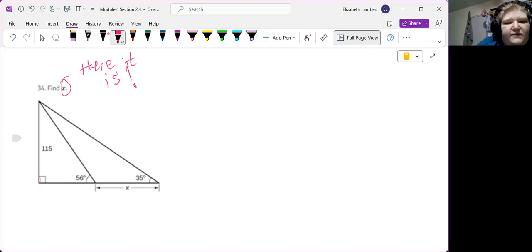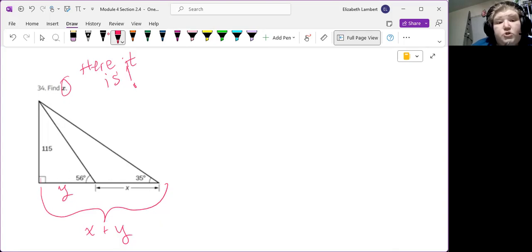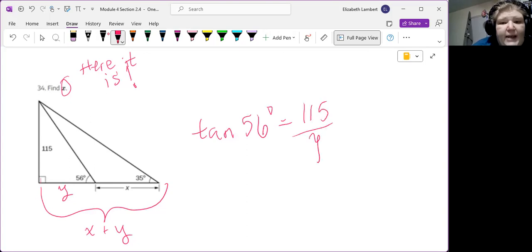So if that's x, I'm going to call this other one here y. And that makes that entire side there x plus y. So now I'm going to use some trig functions. With my 56 in here, that's opposite and adjacent, so it's another tangent. So the tangent of 56 degrees is 115 over y.